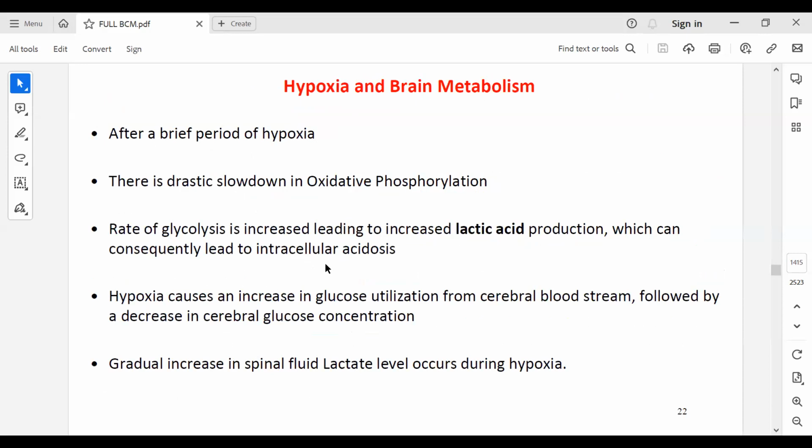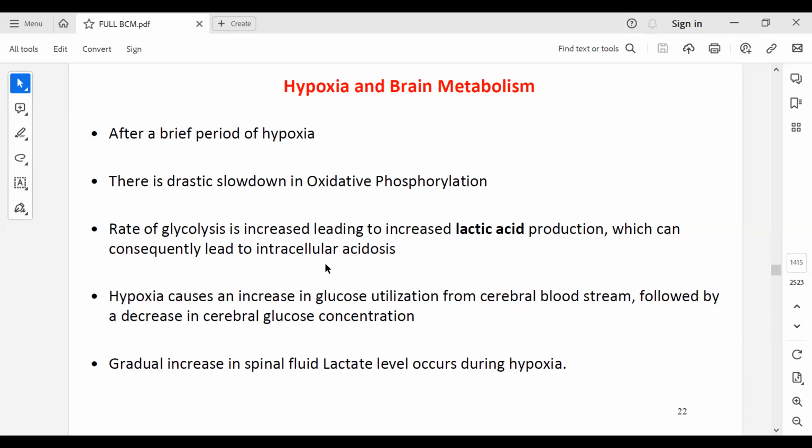Hypoxia, we again know that if there is lack of oxygen, you'll end up producing lactic acid, because you're trying to carry out more anaerobic reaction. Imagine your astrocytes are already doing anaerobic, but you're producing a lot of lactate. But when you go to the neurons, there's not enough oxygen to carry out your TCA cycle or your electron transport chain.